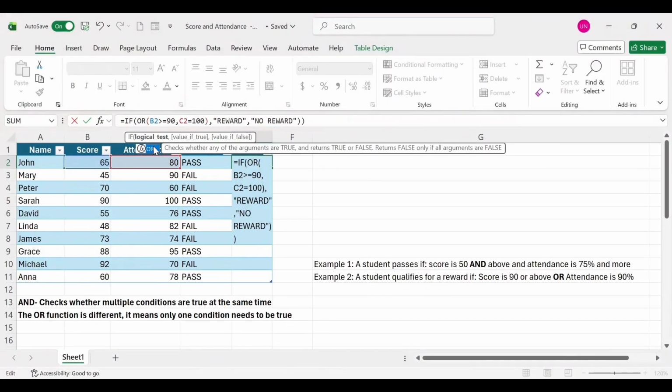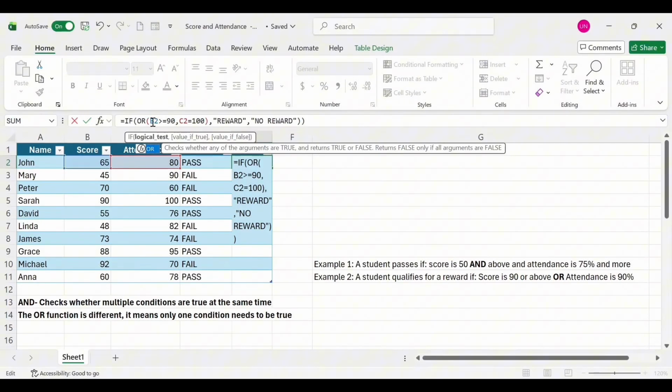So if you come across the score as 90 or more than 90, please give them reward. If you also find attendance as 100%, but they don't have score up to 90%, still give them reward. But if they don't meet score as 90 and they don't still meet attendance as 100, please, no reward.